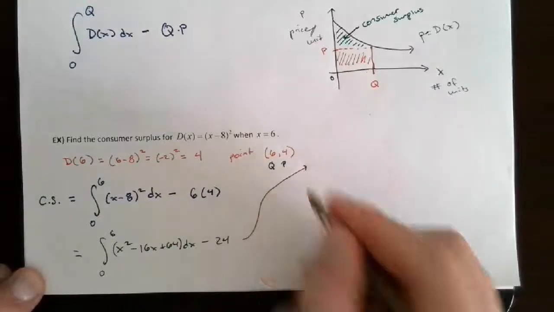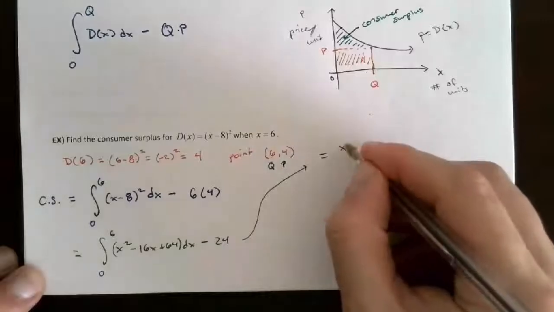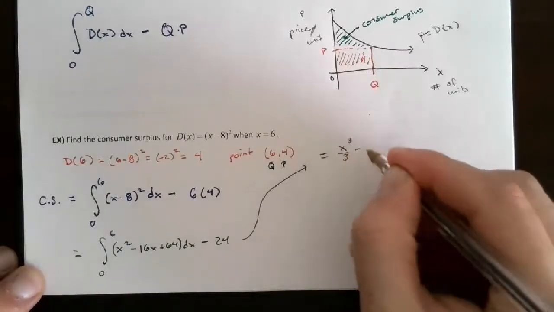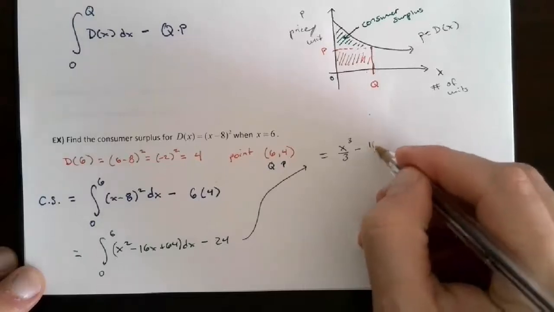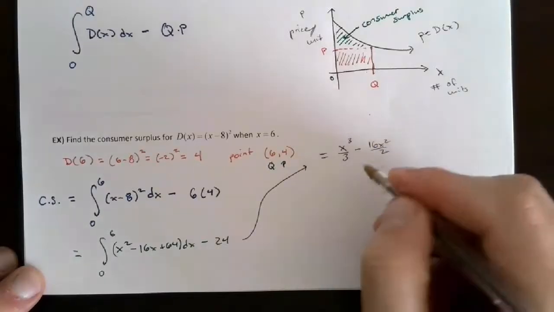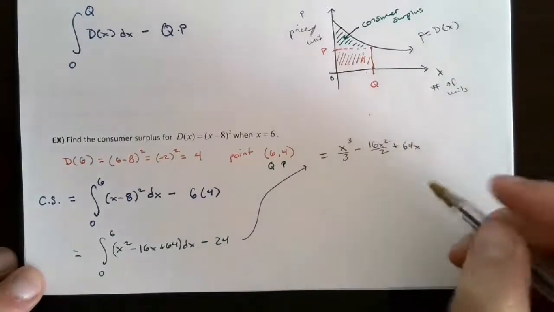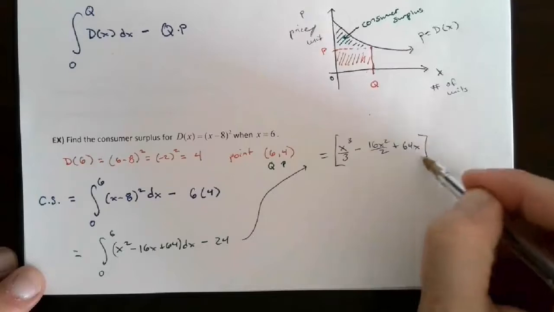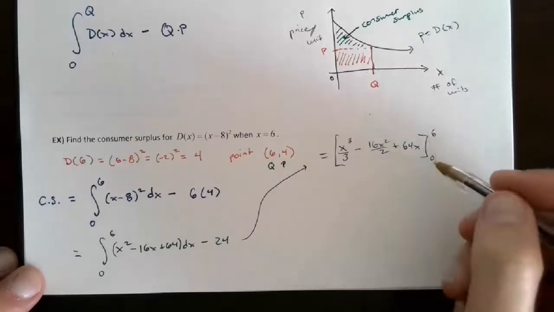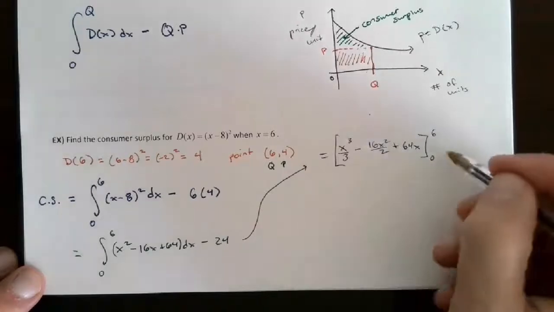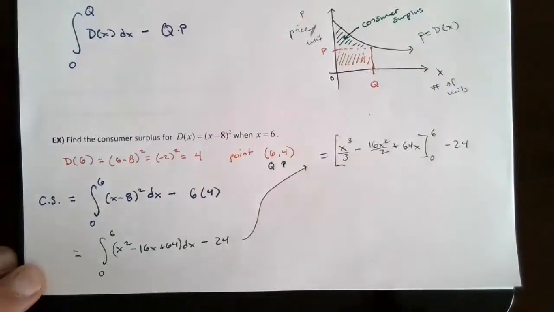Let's integrate. So we have x to the third over 3 minus 16x squared over 2 plus 64x, taking the antiderivative there. We're going to evaluate this from 0 to 6, minus 24. Remember, that's on the outside of the integral.